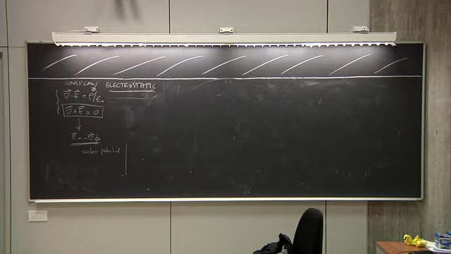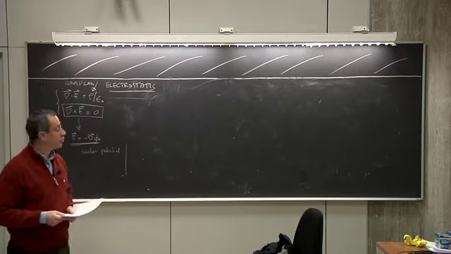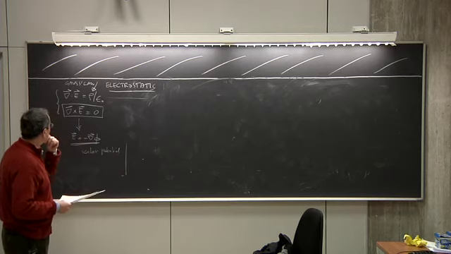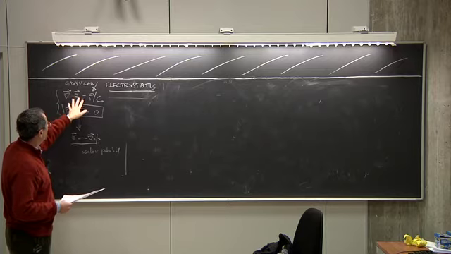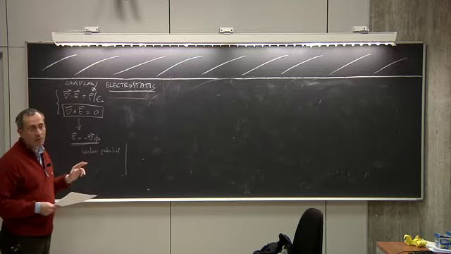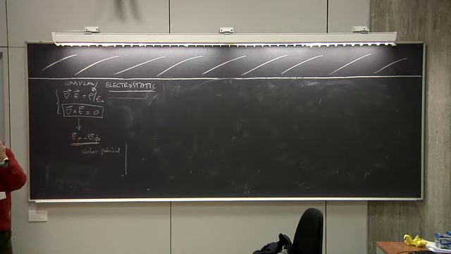But if the geometry is very simple, then you are very much in luck, because you think of this equation in the integral form, and if the geometry is simple enough, you may be able to do the integral easily.